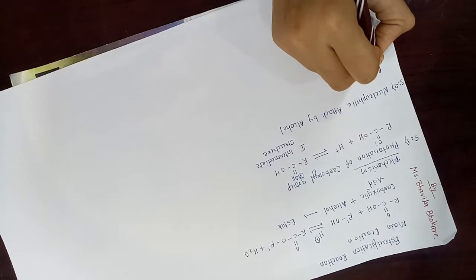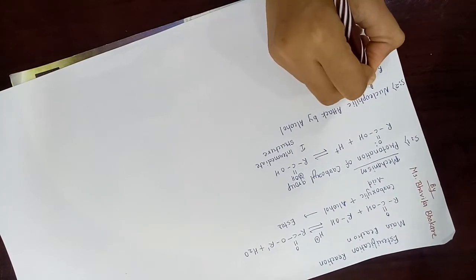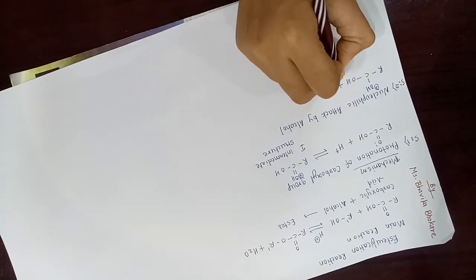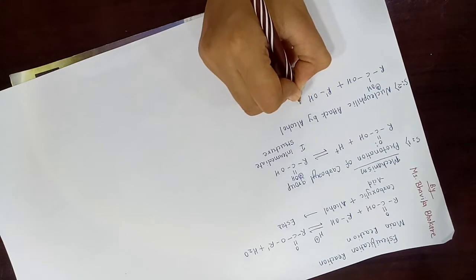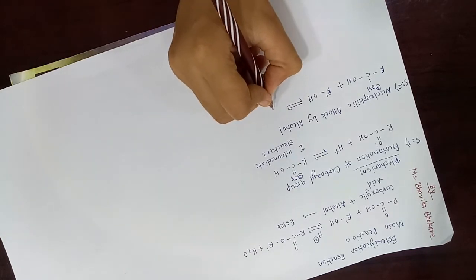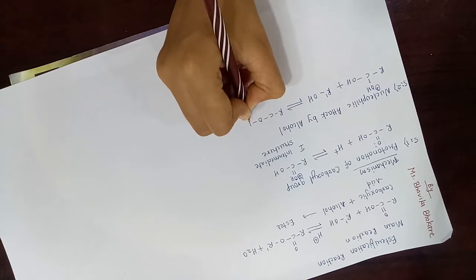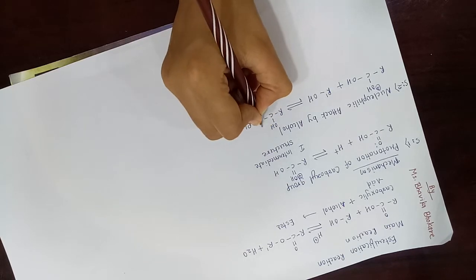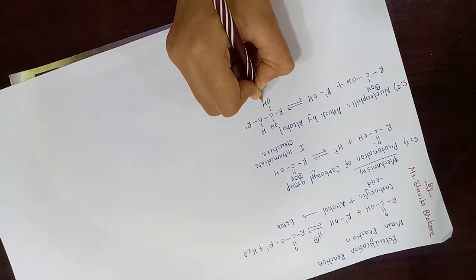Here the reaction is RCOH with OH positive, plus R'OH. Here we get RCOR', where an OH group will get attached, here a hydrogen bond and here OH.